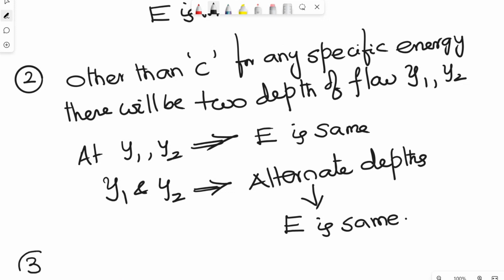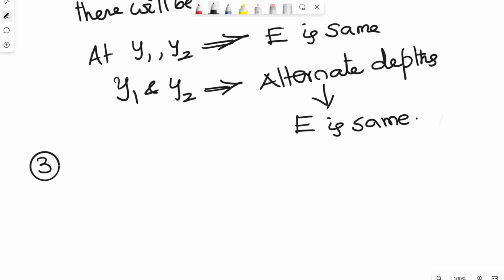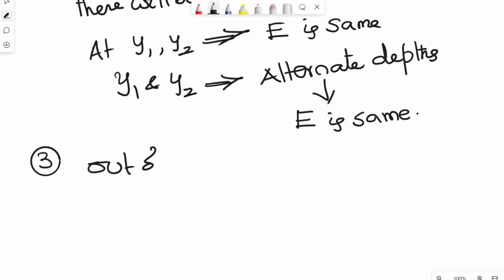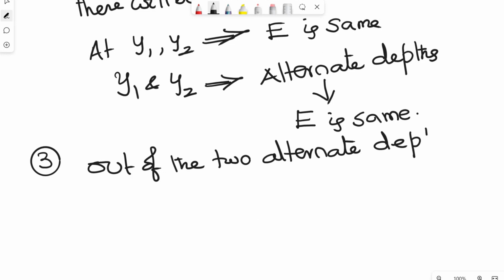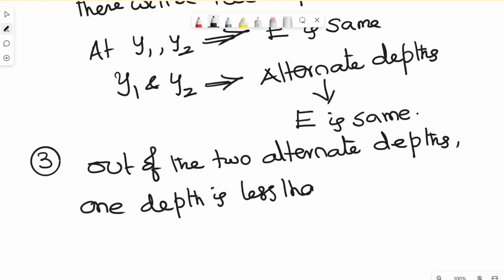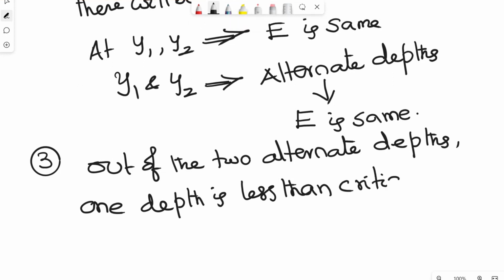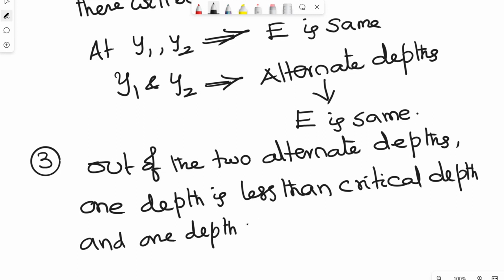The third point is, out of the two alternate depths, one depth is less than critical depth and one depth is more than critical depth.